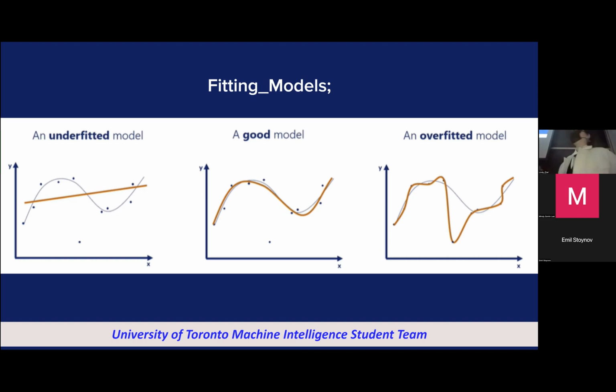And overfitted, apparently we all know that's not right, because we actually fine-tune our model and make it fit exactly every single data point that's given to us. But as we all know, the reality is that there's a lot of noise in the given data. And usually when we are using machines, or when we're producing data ourselves, they're not fine-tuned. That means that there are usually noises or outliers or mistakes that happen when you generate or collect the data, or the data might not have a trend at all.